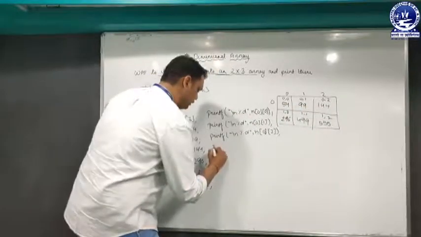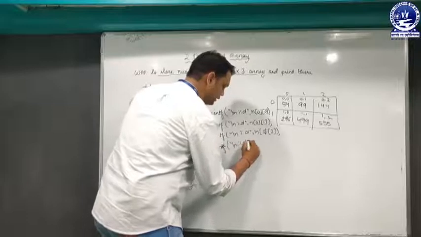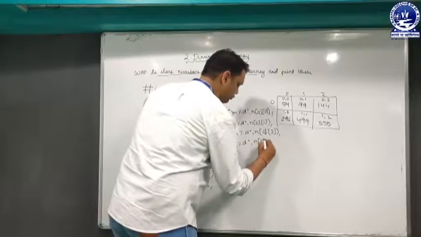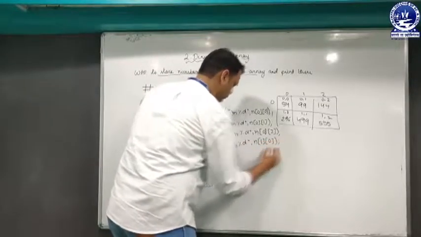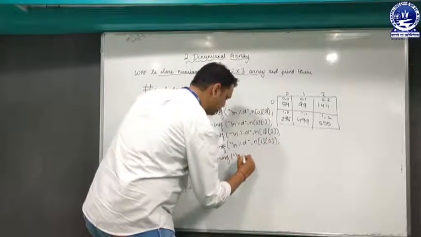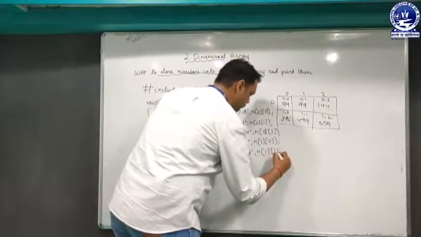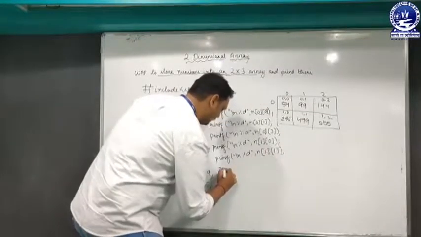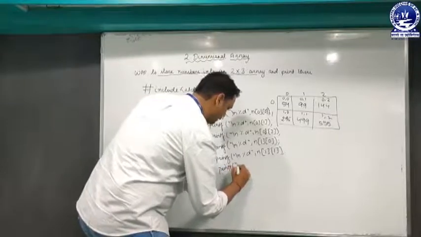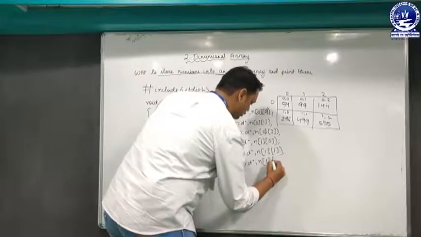Then we will come to the next row: \n %d, n[1][0]. Next we will have printf \n %d, n[1][1], and last we will have printf \n %d, n[1][2].